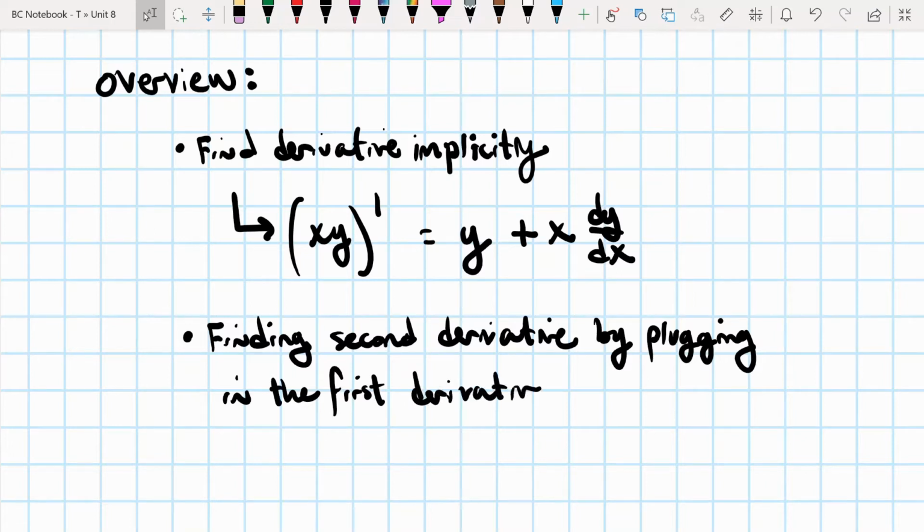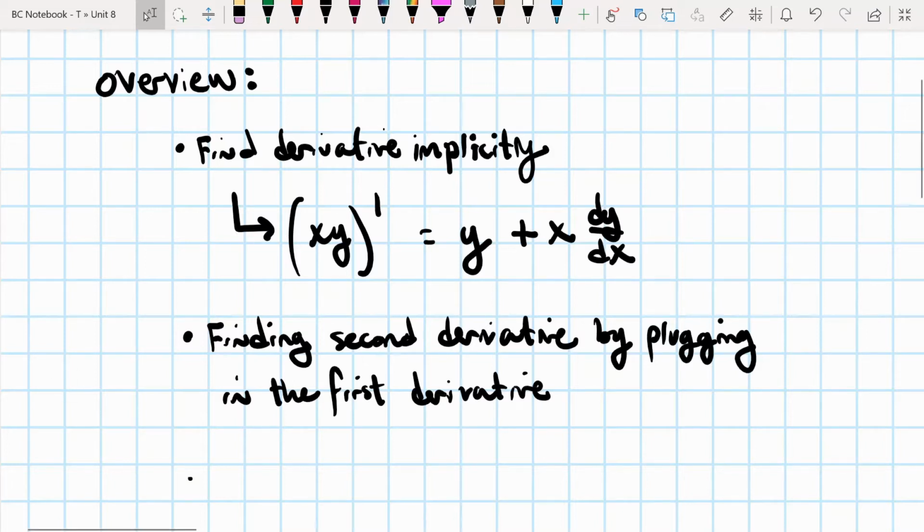So a lot of the times when you want to find f double prime or the second derivative of y with respect to x, you're going to have that derivative in terms of the first derivative. And then to evaluate the second derivative, you actually have to plug in the values of the first derivative. And you're going to see that in part C for FRQ number 1 today.